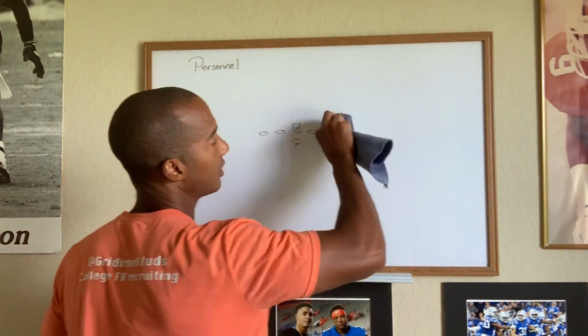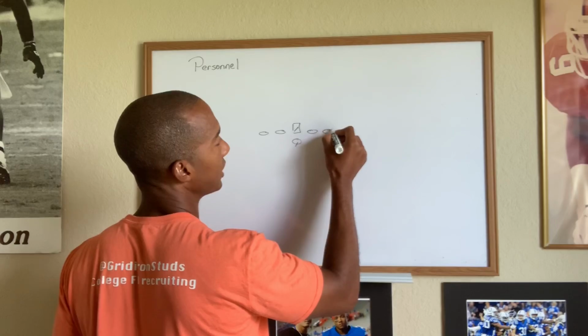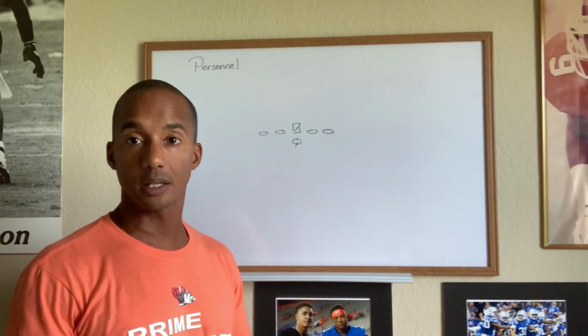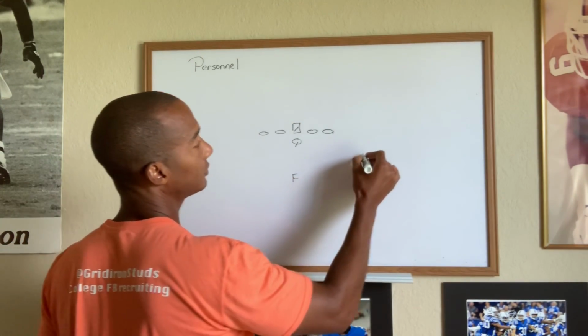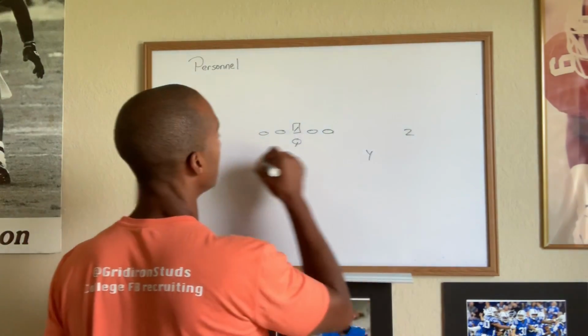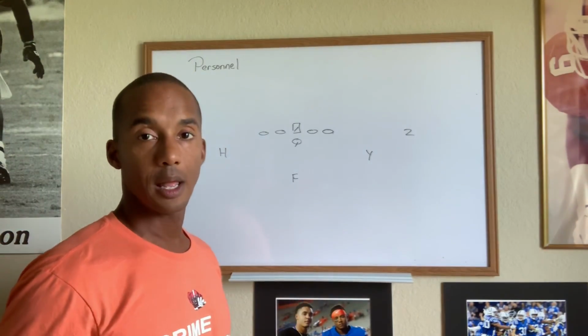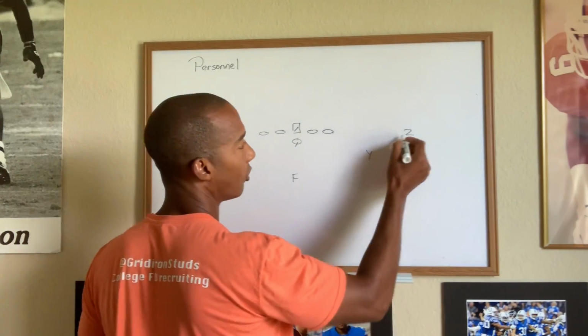All right, staying on that theme, we'll rub this one out and we'll go with another personnel grouping. One of the more common personnel groupings that we will see in today's game, since we've turned more to passing than we have in the past, is this one right here. This is the formation, but in this particular case now, let's say this isn't number 85 or 84.